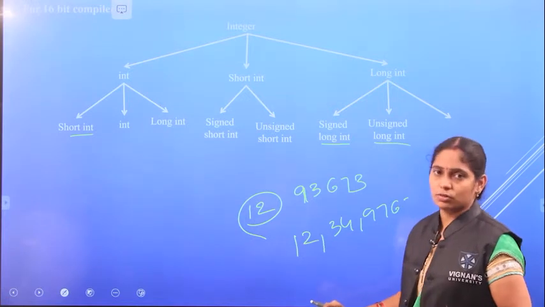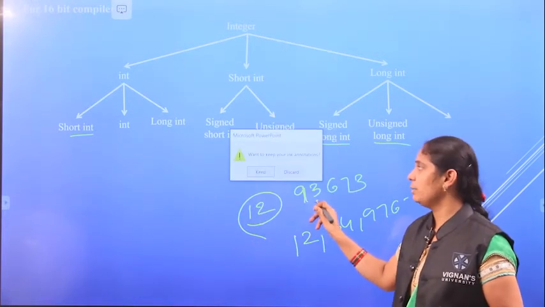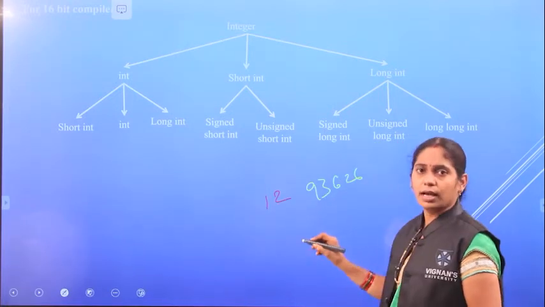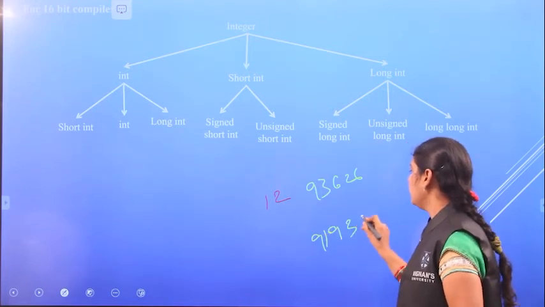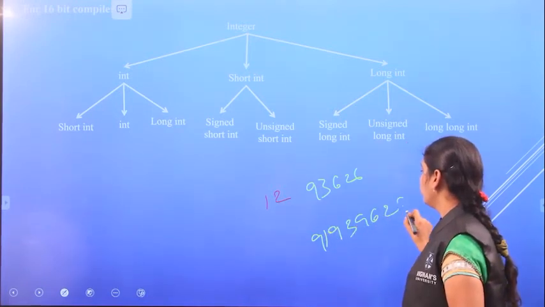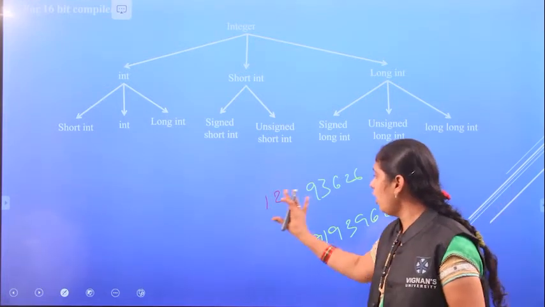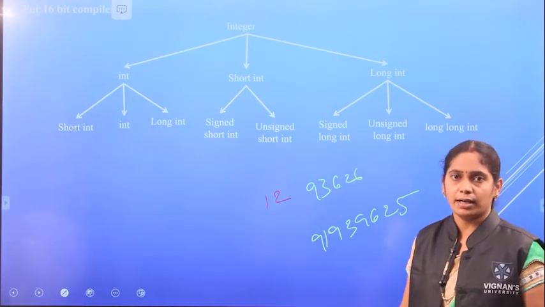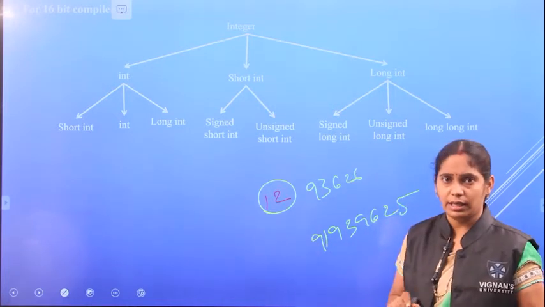See, compare these three values. This is a very small number, 93,626. And the next number, 19,919,396,25. Different types of values we have, all these are whole numbers only. But if you observe the difference from one to the other, the first is a 2-digit number, a very small value.